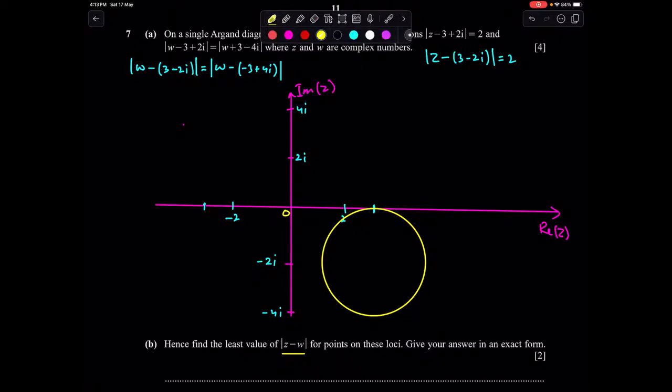Okay, so this is 3 minus 2i, and minus 3 plus 4i is here. Now connect these two, and then draw the perpendicular bisector of these two.